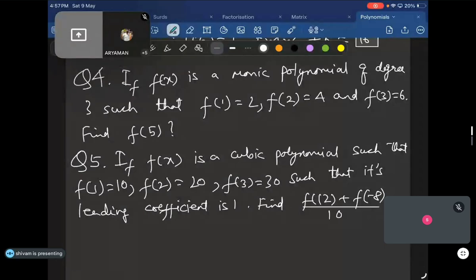So who is left for 4? I think everyone has solved 4.